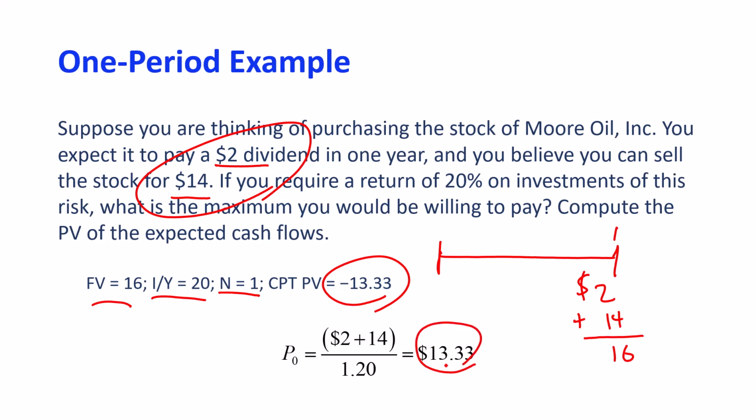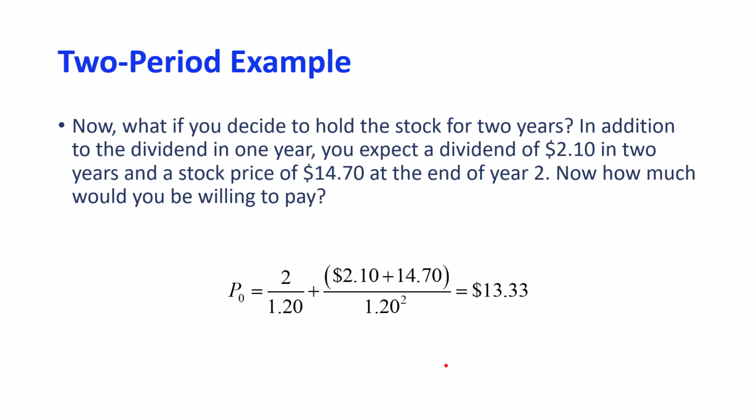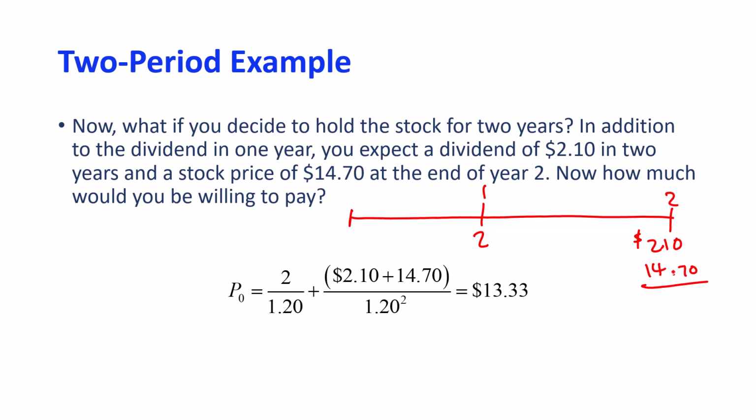Now, let's extend this to another period. In two periods, you receive $2 in year one, and then you expect to receive $2.10 in year two, plus you can sell the shares for $14.70, so you have $16.80.